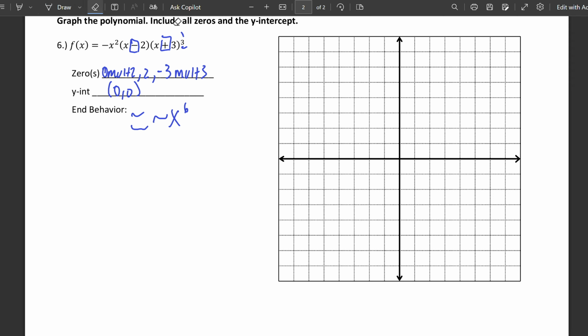Let me get rid of this because it looks tacky. Negative x to the 6 is going to be even and a negative. So what does that get me? Down, down.